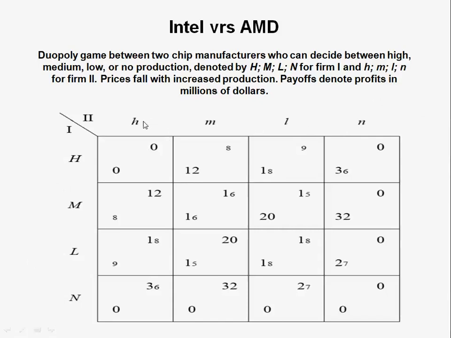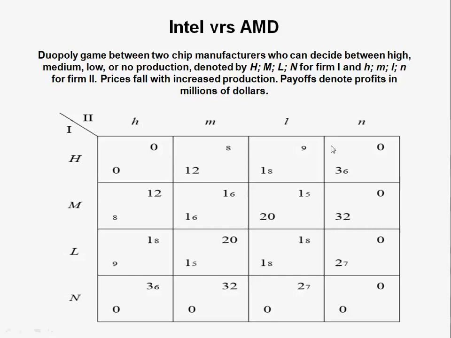The strategies available for AMD are H, M, L, N. H is high production, M is medium production, L is low production, N is no production. Producing nothing gives you 0 profit. That's why you see the return is 0, 0, 0 for AMD. But the problem is that the higher the production, the lower the prices will fall, so the profit will be low.